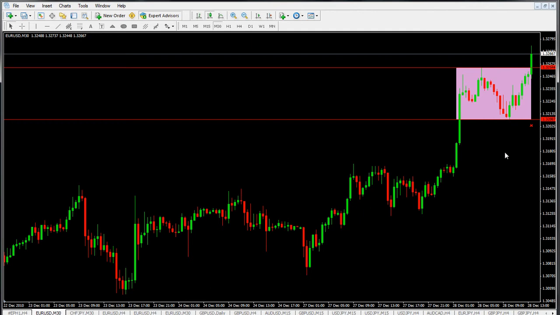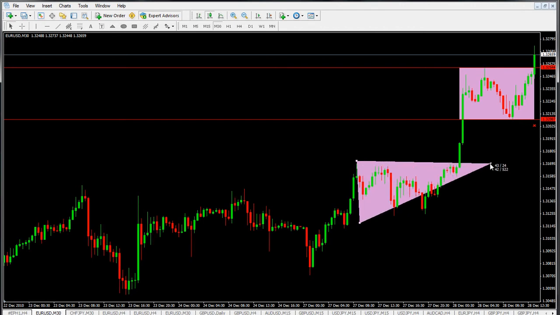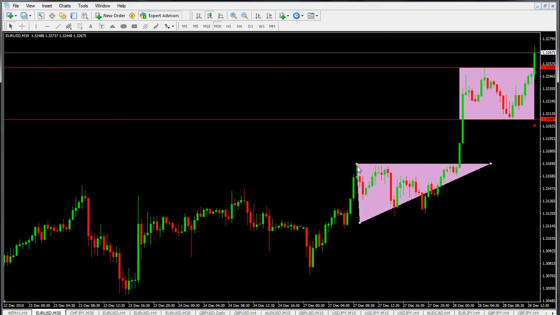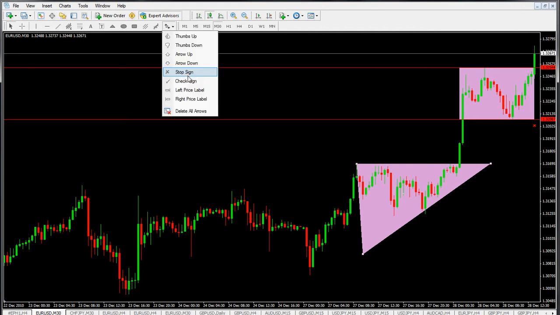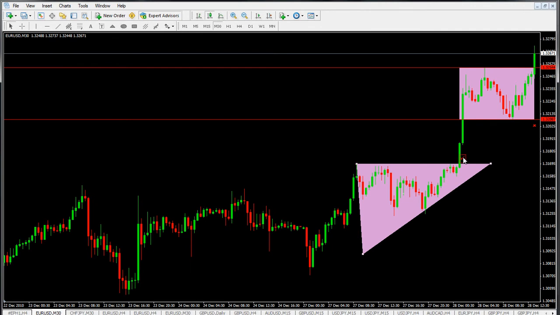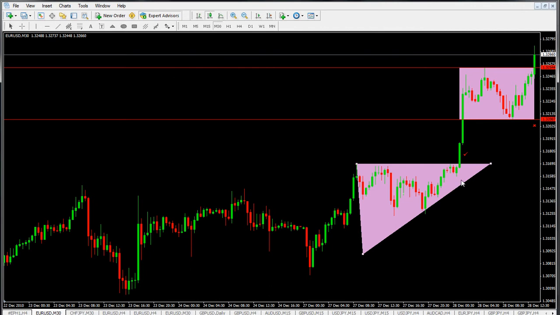So let's take a look at another example where it is even more reasonable than this recent example to enter the market, when the market is narrowing down to some point, like for example this beautiful triangle. This pattern tells us that the market can break out, and if we enter a transaction somewhere around here after this breakout, we give ourselves the opportunity to enter the market with a short stop loss.